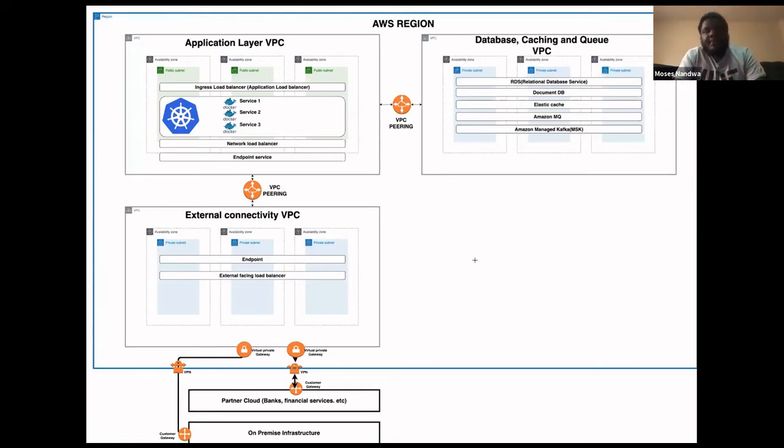For example, people like us who are in Kenya do not have any AWS data center available to us. So we need to find a location that is near us so that we can deploy software there and have the smallest latency between our users and our infrastructure over there. So what you see over here as the blue border is basically an AWS region.